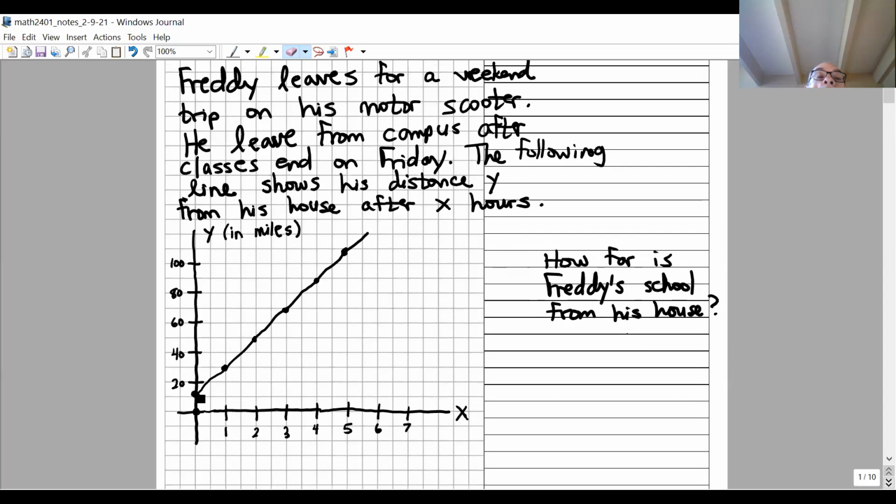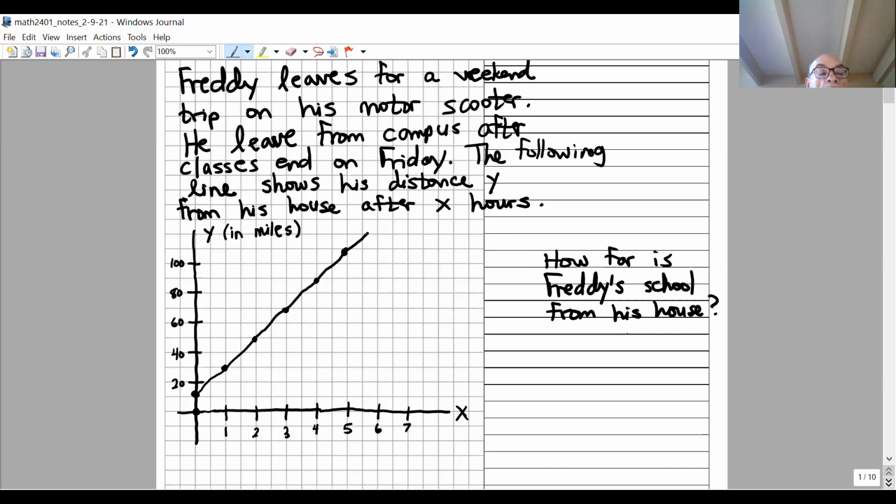Okay, so apparently initially, at time zero here, it looks like Freddie was 10 miles, roughly, away from his house. And then after 1 hour, he was 30.